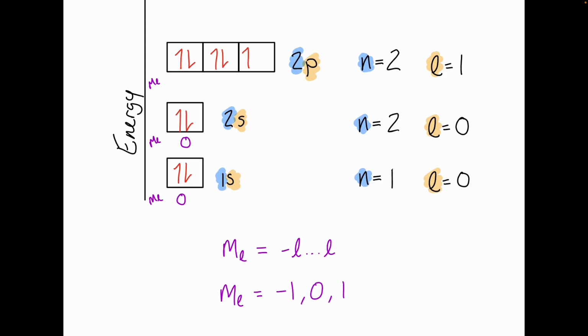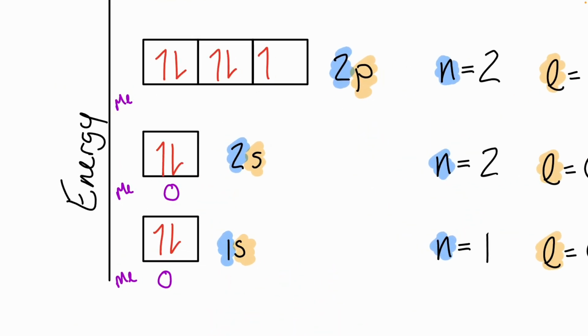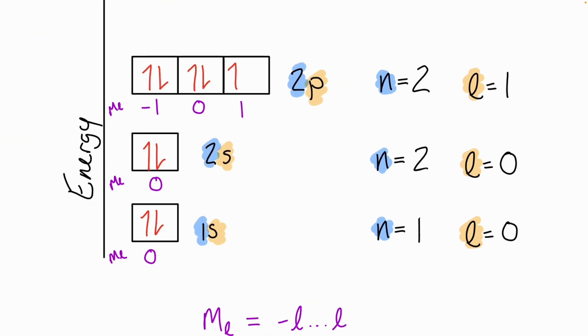And that's exactly how we're going to label our boxes, from negative L to positive L. So this very first box in my 2p, that's the -1 magnetic quantum number. My next box is in the middle here, the 0. And that last box gets the magnetic quantum number of 1. All right, we take on a value from negative L to L. We're just listing those in order when we're labeling our boxes.